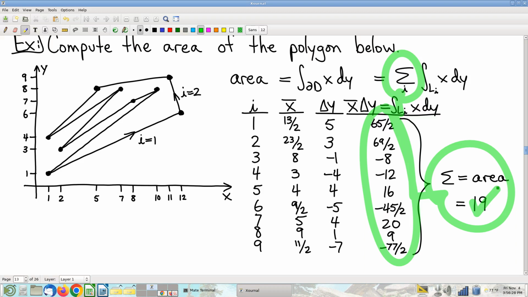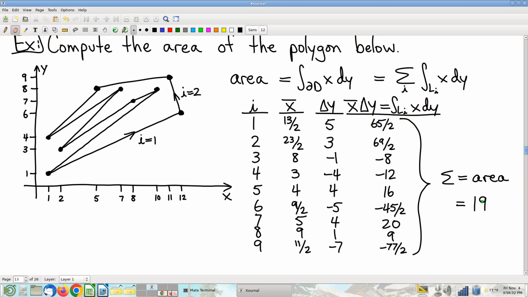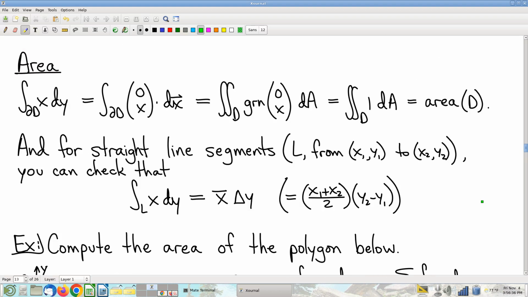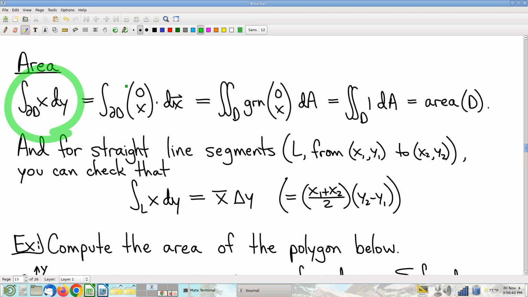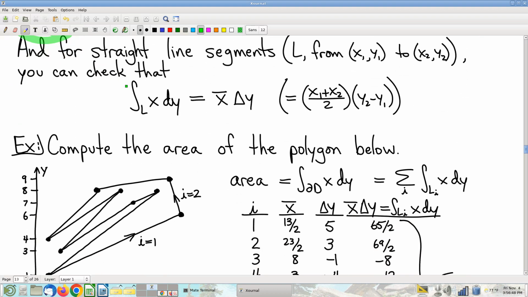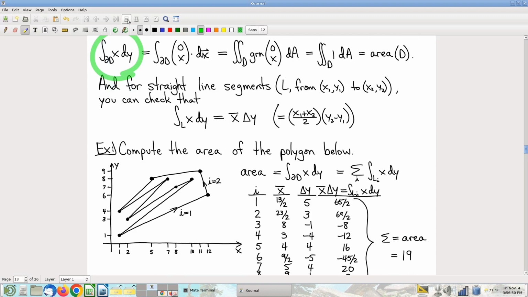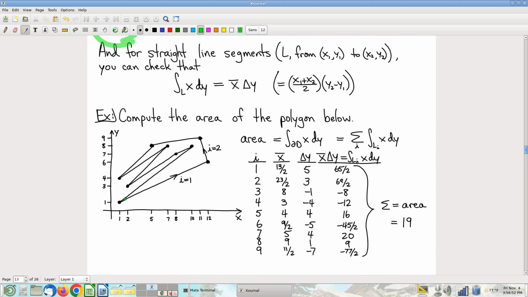Not that bad. Yes? How come adding them all up will give you the area of the inside? Yeah, so what we've got is that the entire line integral is what actually tells us the area, right? But when you compute an integral, you can break up that integral into pieces. So rather than try to do this whole thing all at once, there's too many pieces, right?